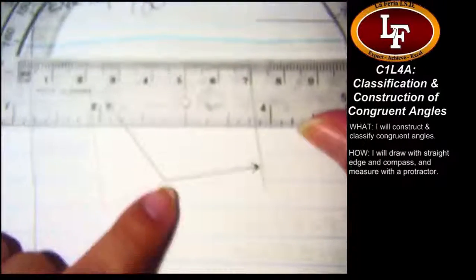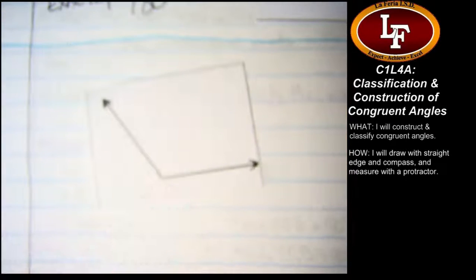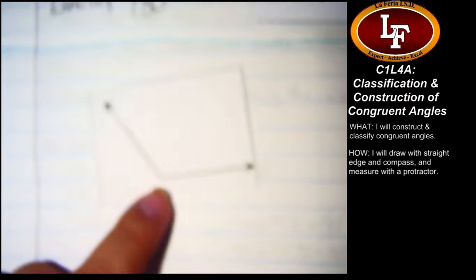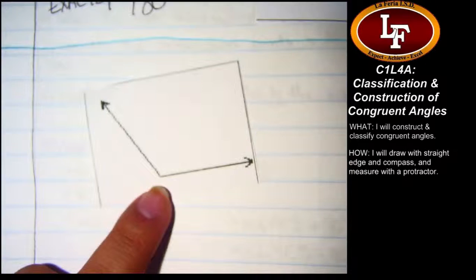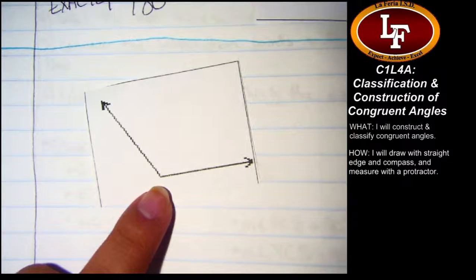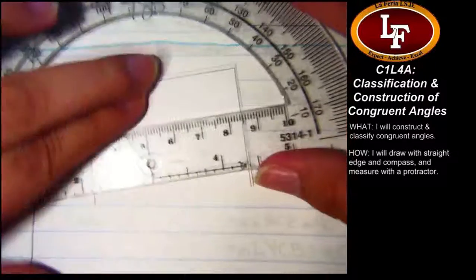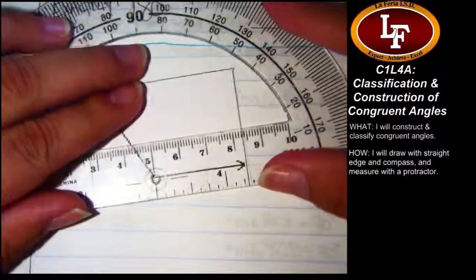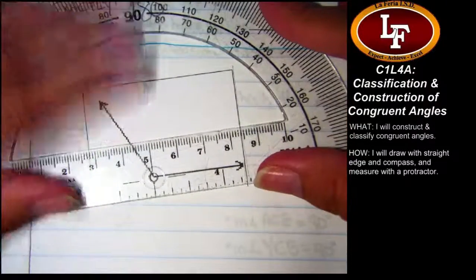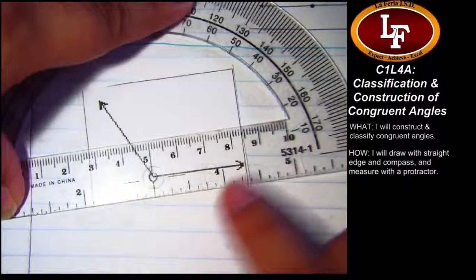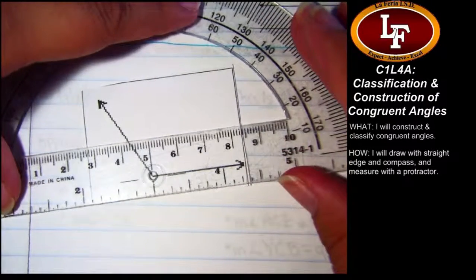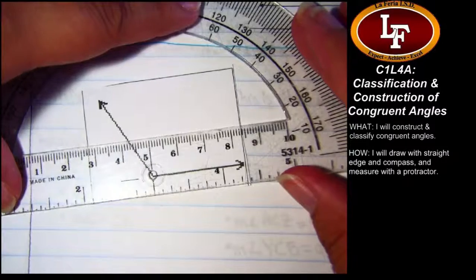I'm going to put my vertex, that's what you call this little center point of your angle. My Elmo didn't want to focus. Put your vertex right inside of what I call the vertex finder. And then you see the little leg? You want to try to get it to match up perfectly with your guidelines.